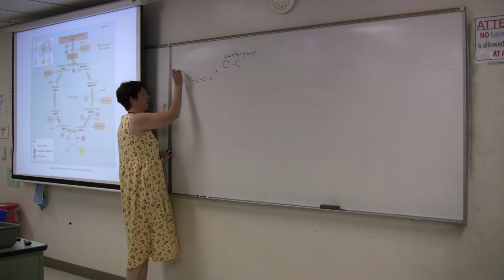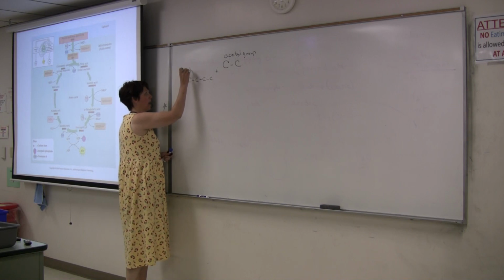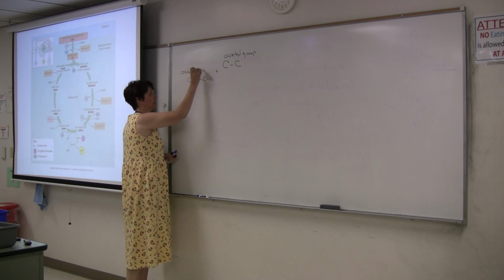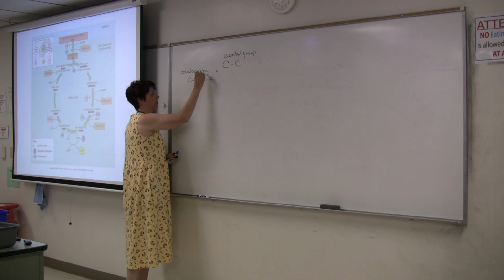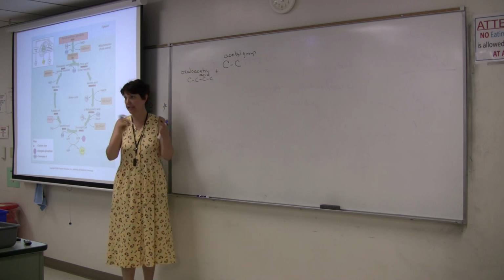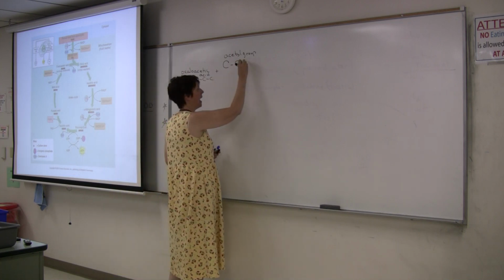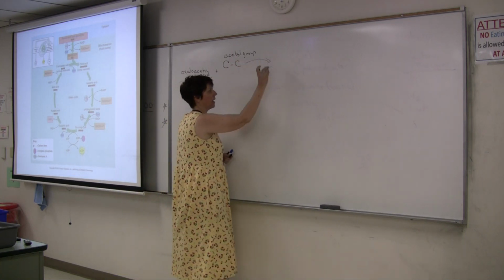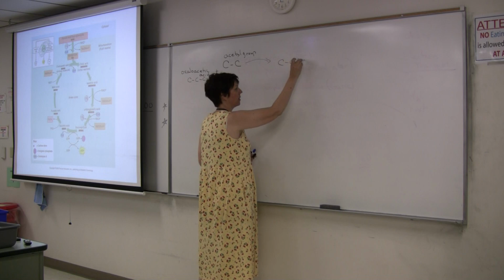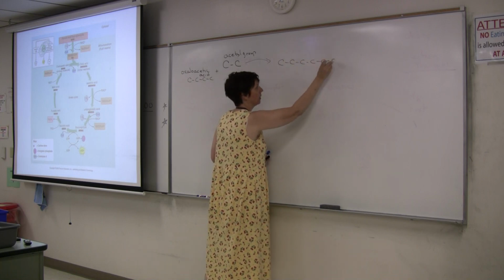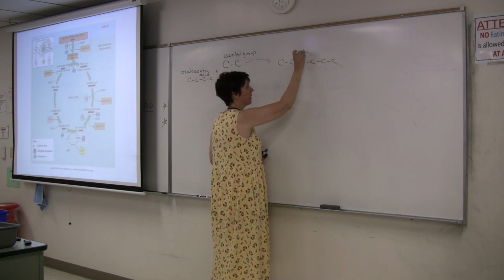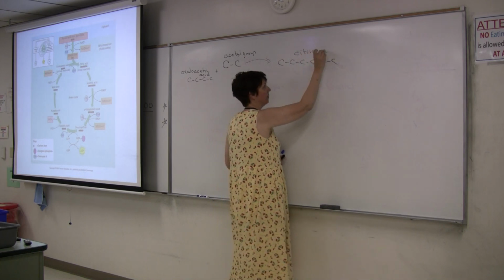We're just not paying attention to that part of it. Known as oxaloacetic acid. Again, this is enzyme regulated. And this forms a new 6-carbon molecule, which is not glucose, but is known as citric acid.